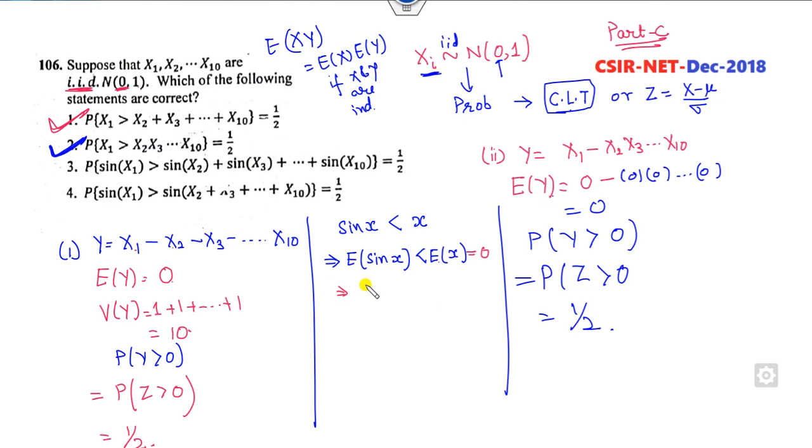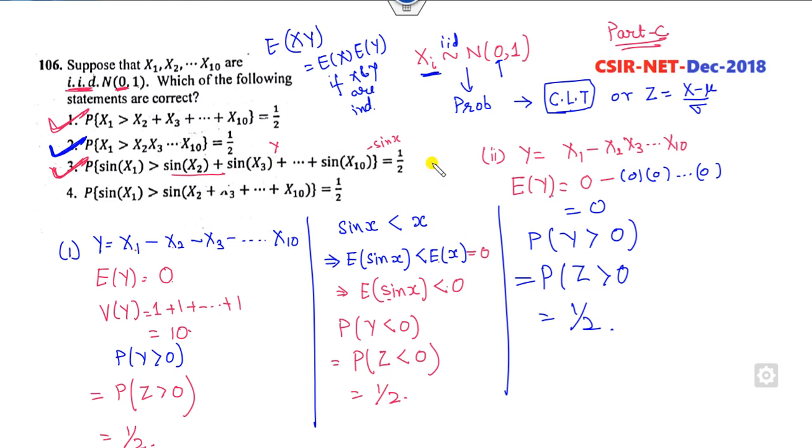So it means the expected value of sine x is less than 0. Now if I consider this minus sine of x as y, then your target is to find the probability here. The expected value is less than 0, so we can write this as z, also less than 0. So what is the meaning of that? This is also half, the right answer.